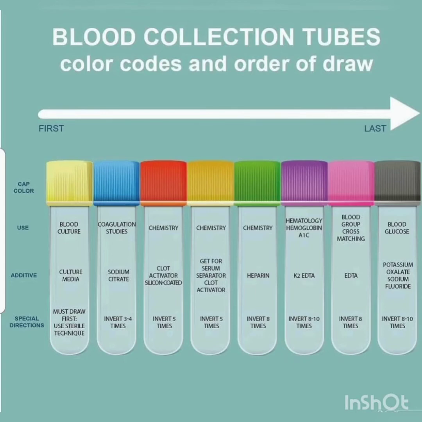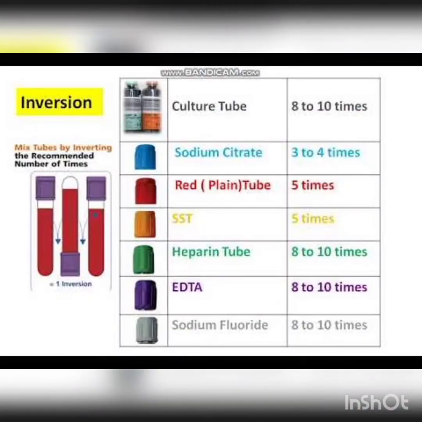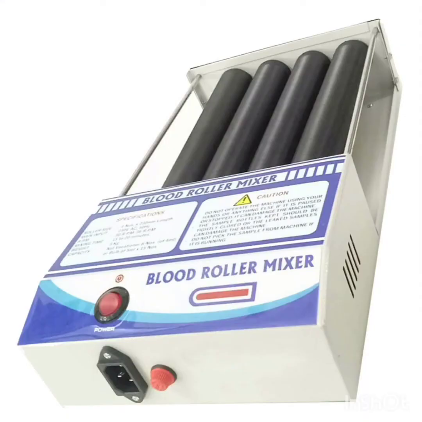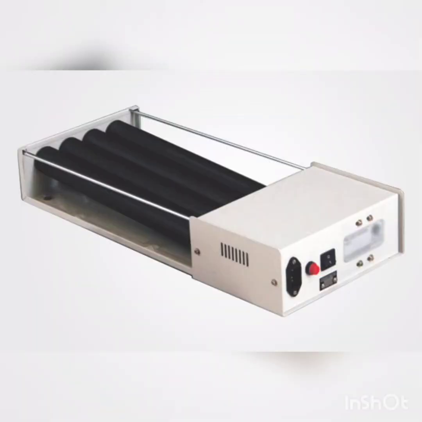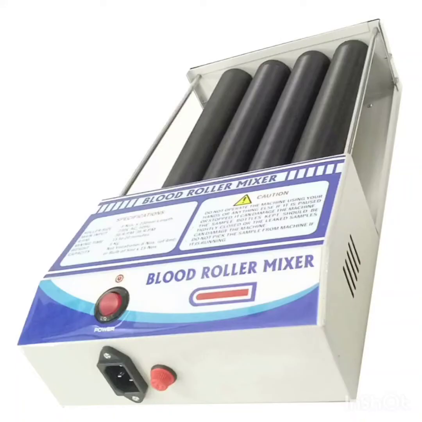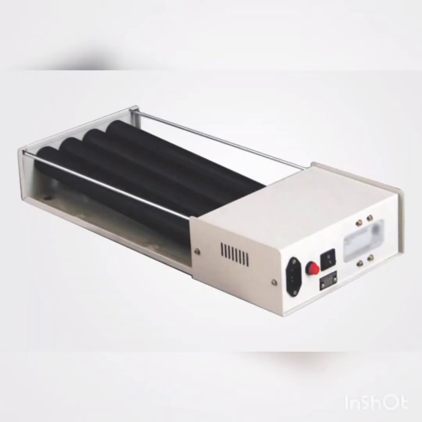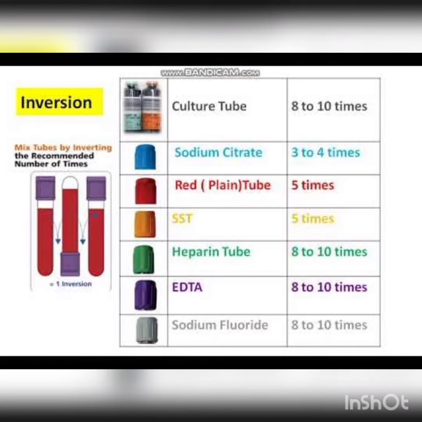In mixing of a sample, nowadays we have a large number of samples, so we can mix the sample in sample rotators also. And sometimes if you cannot put the sample immediately in the roller, simply after extracting the blood from the patient, you can mix the sample with your hand in an inversion position. As we have discussed the different types of tubes, they have different mixing methods. For culture tubes, you have to mix for 8 to 10 minutes.